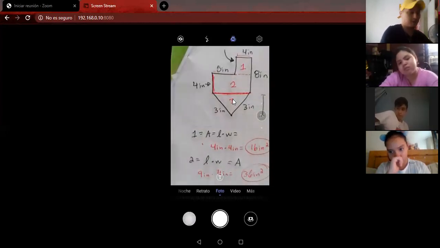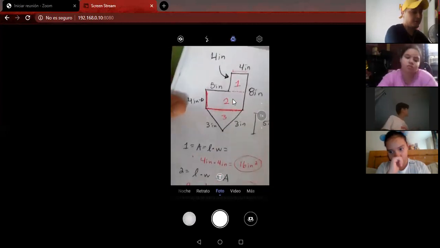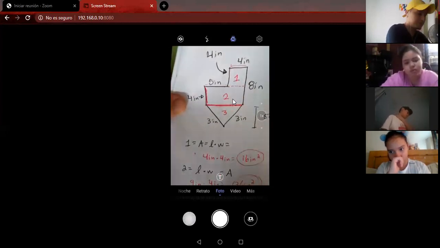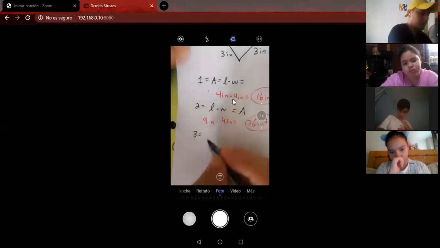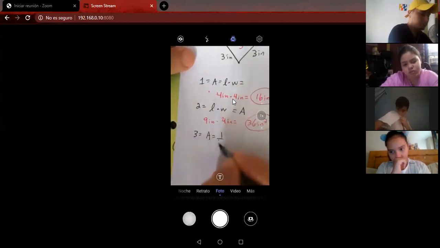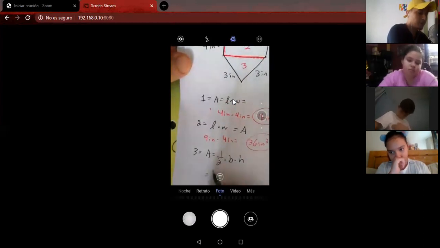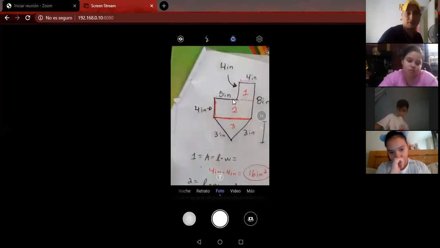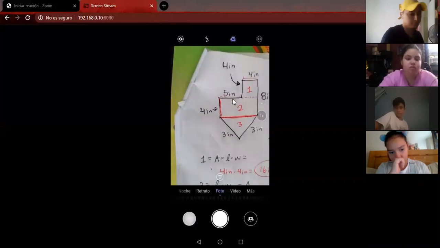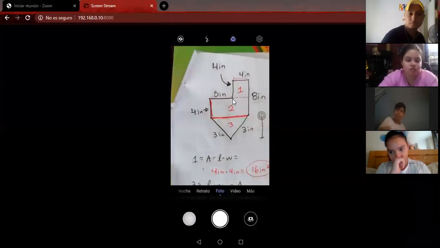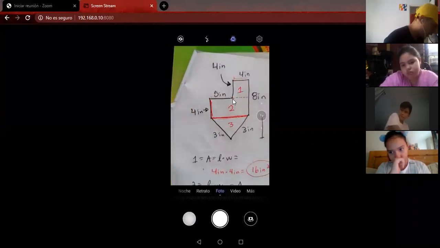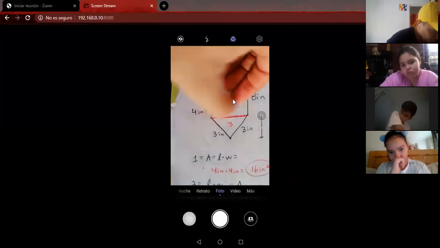And para terminar, the third figure, it's a triangle. Okay. How much is my base in my triangle? Guys, how much is my base over here? ¿Cuánto es todo esto?